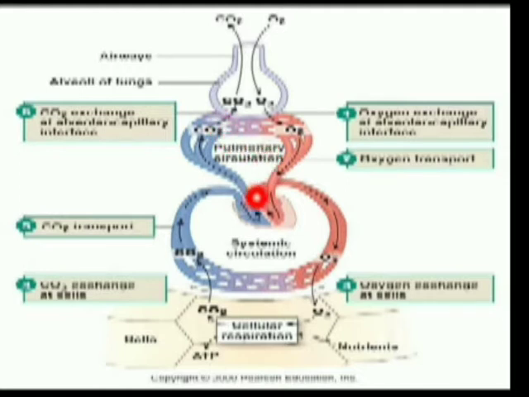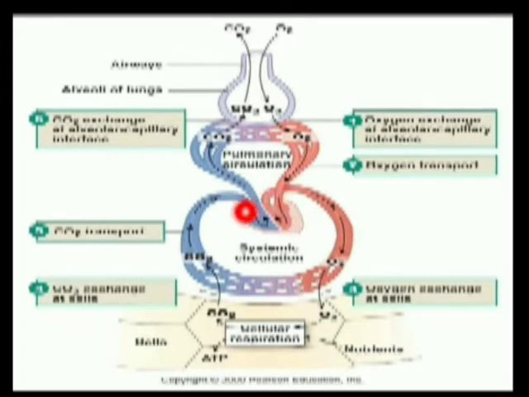First of all, we all know that in the heart there are pulmonary arteries and pulmonary veins. Pulmonary arteries are the type of arteries that carry deoxygenated blood, that means carbon dioxide rich blood. And pulmonary veins are the veins which carry oxygenated blood.